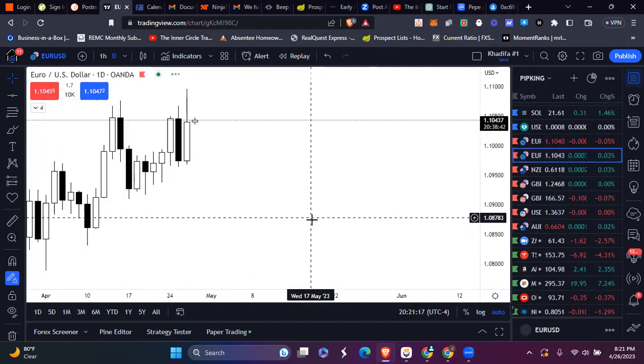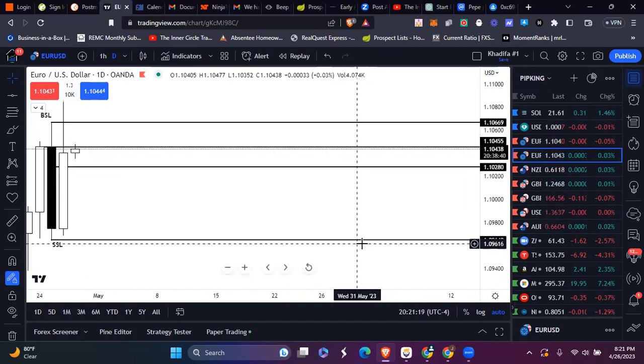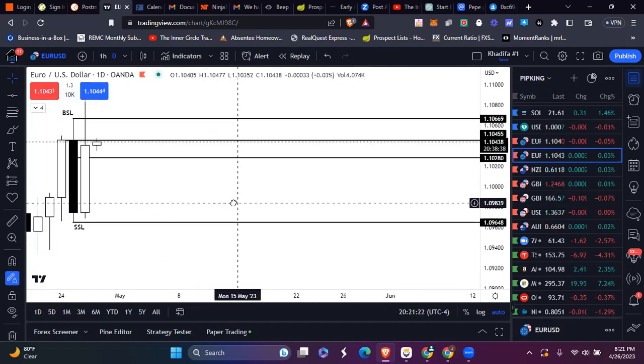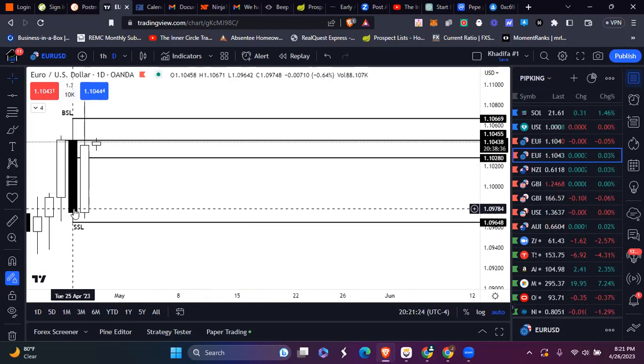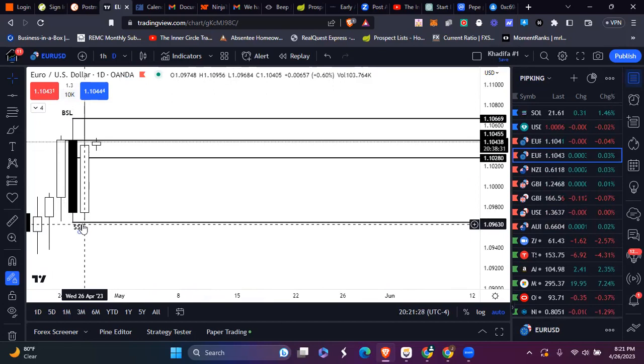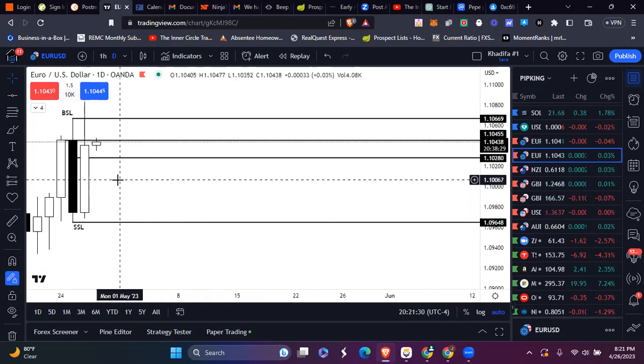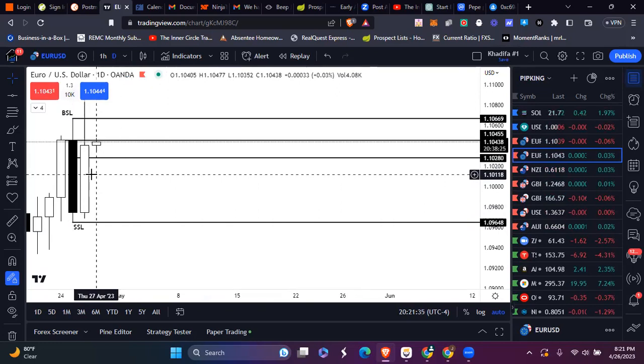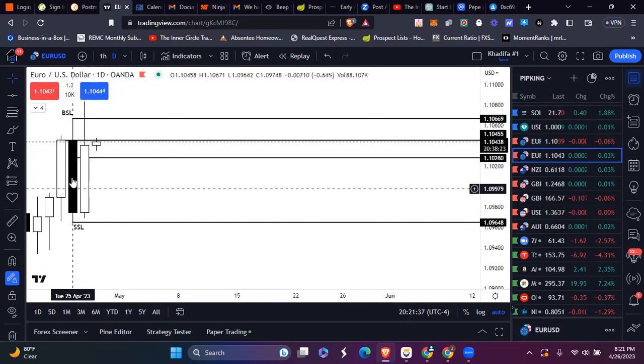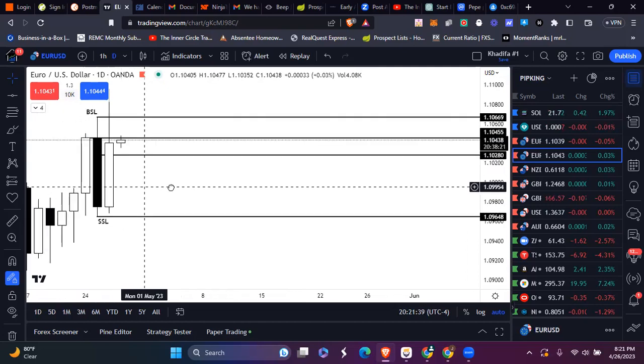So moving on to currencies, Euro, USD. Yesterday was a bearish day. We have our daily range here. As opposed to the dollar, we know we inversely correlate with the dollar, so we push in the opposite direction of the dollar with currencies.